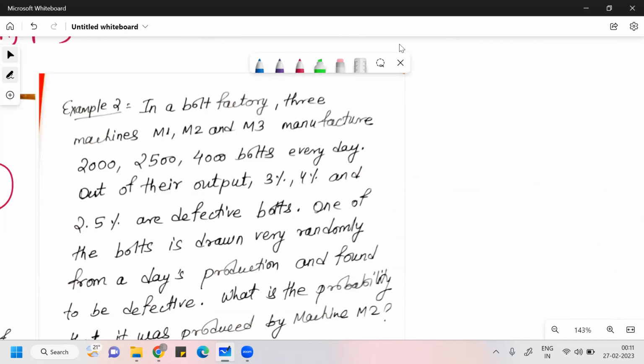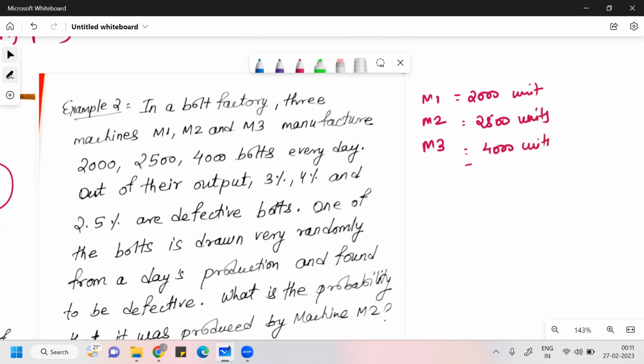In a bolt factory, there are three machines: M1, M2, and M3. They manufacture units: this one manufactures 2000 units, this one 2500 units, and this one 4000 units.